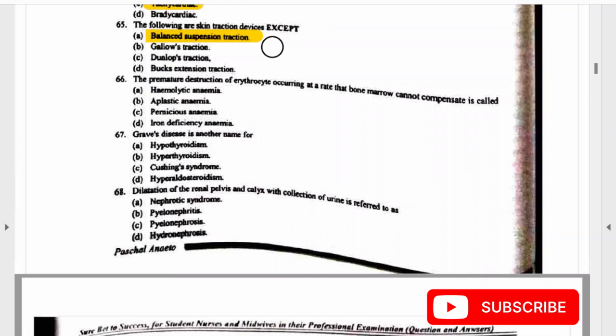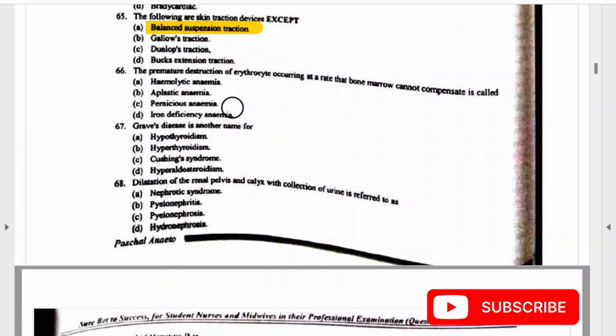Skin traction applies force to the skin and soft tissues. So please go to Google and search for these options. I think they will show you some images so that you're able to differentiate them next time. Maybe in your council exams or your mock, they might bring up images of this, so it's good to know them.